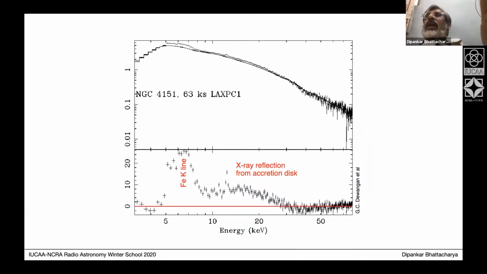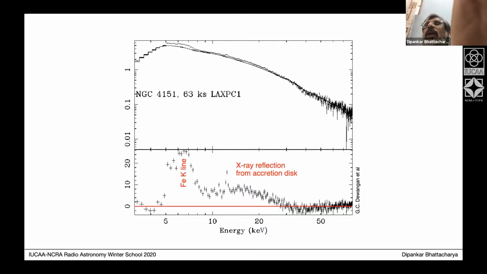Another important line, which is used often in X-ray astronomy, is the iron K alpha line. This iron K alpha line occurs when the innermost electron in the iron atom gets knocked off, and then an electron from a higher state drops into that vacant space and produces this line. So that's the iron K alpha line.